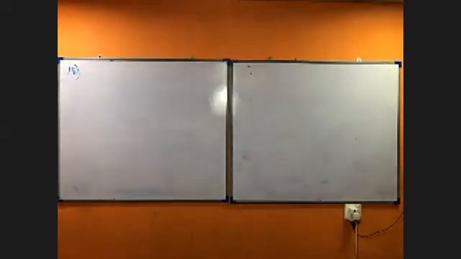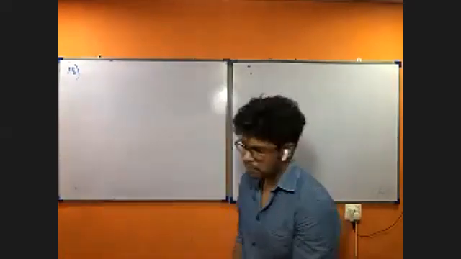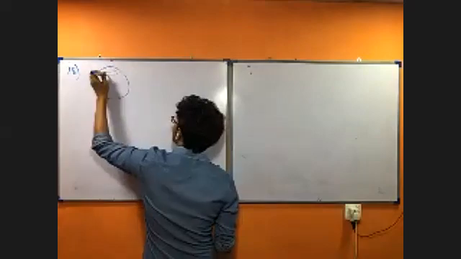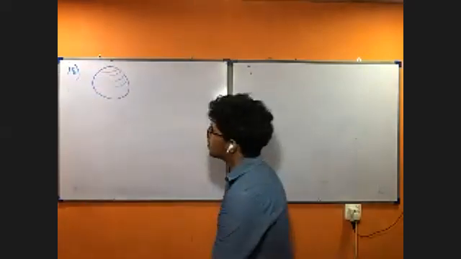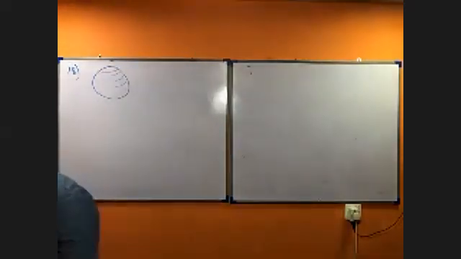Okay. So a solid glass spherical ball. There is a huge solid glass spherical ball. The radius of this ball is 21 centimeters.